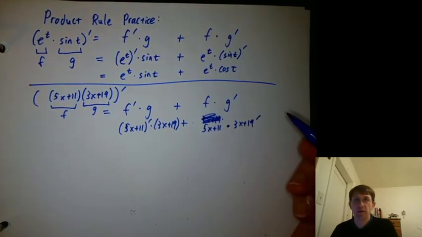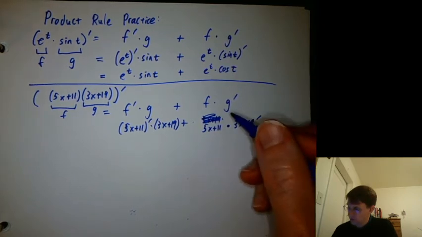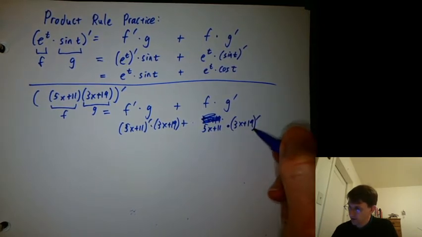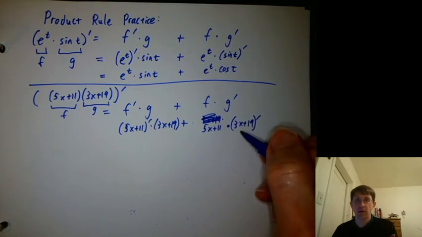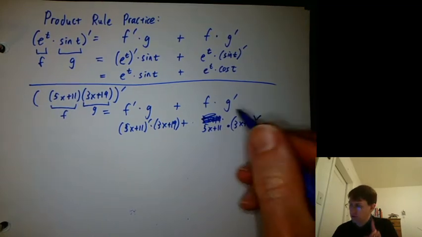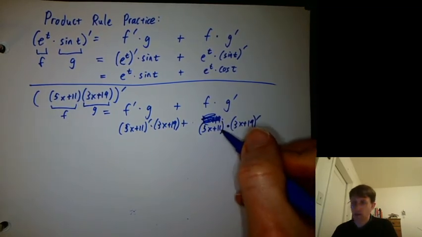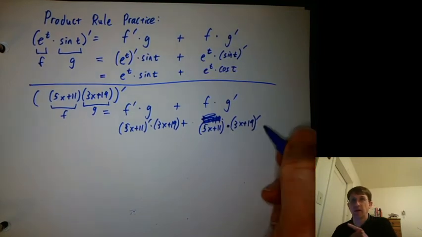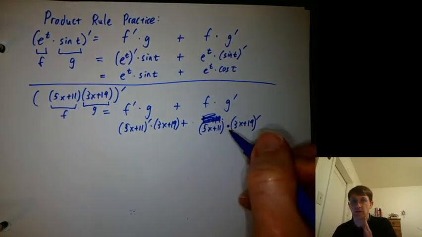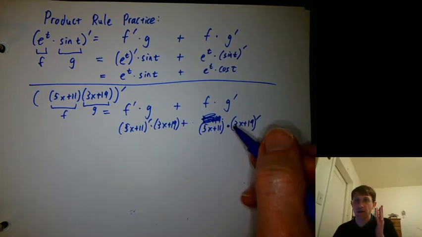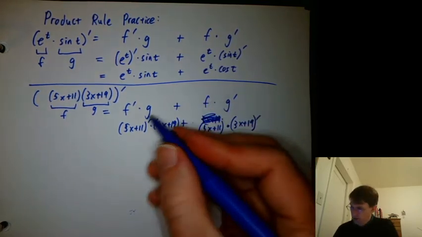Okay, I deliberately made a mistake there. Can you spot it? I need parentheses on that, so I take the derivative of the whole thing, and I need parentheses on the f here, so I'm not just multiplying the 11 by all this stuff, I'm multiplying all of f. Something that lots of people forget. Let's hope you aren't one of them.